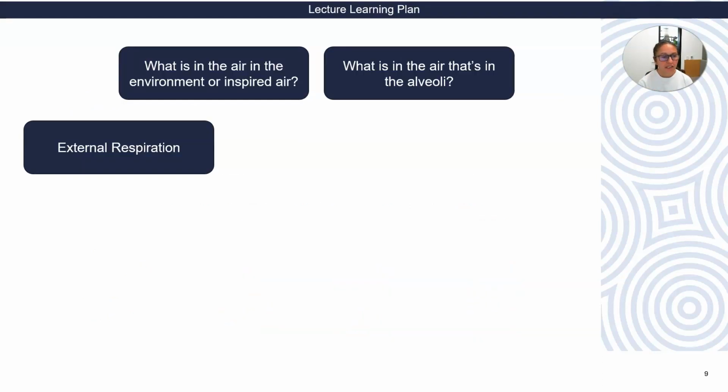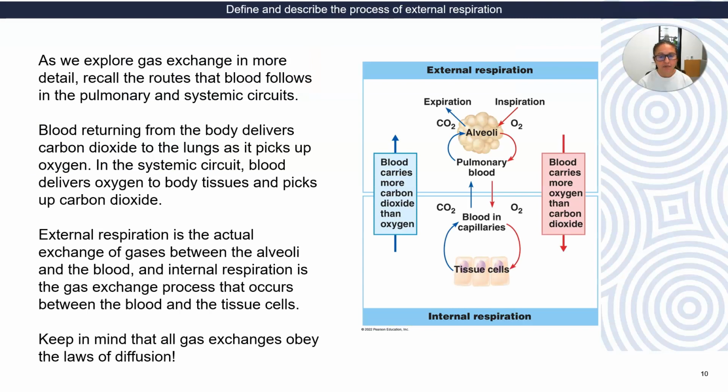Okay, let's look at external respiration. We kind of touched on this before, so it's just really to remind you what it is. So remember that we had 3 types of respiration. External respiration is the gas exchange between the alveoli and the blood. So this part here. So we're exchanging gases in the lungs.